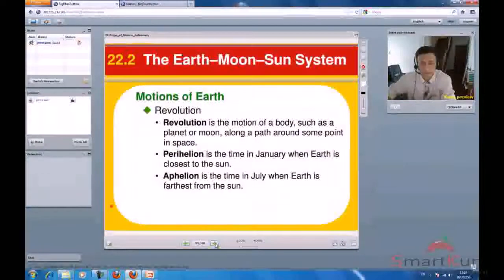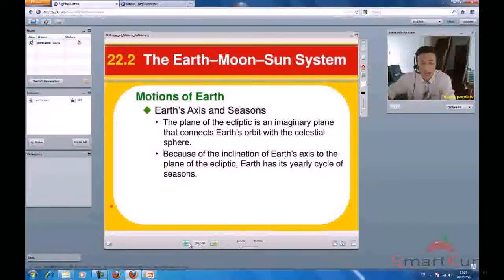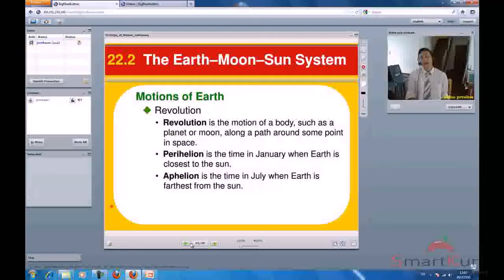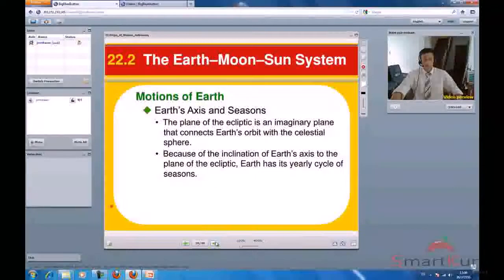Perihelion is this point right here, where the Earth is closest to the sun, and aphelion would be this point out here when the Earth is farthest from the sun. So I'll just mark that here.